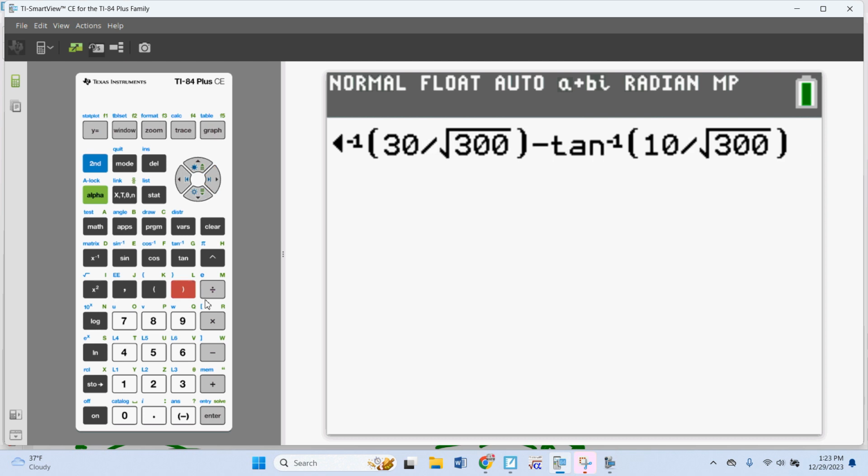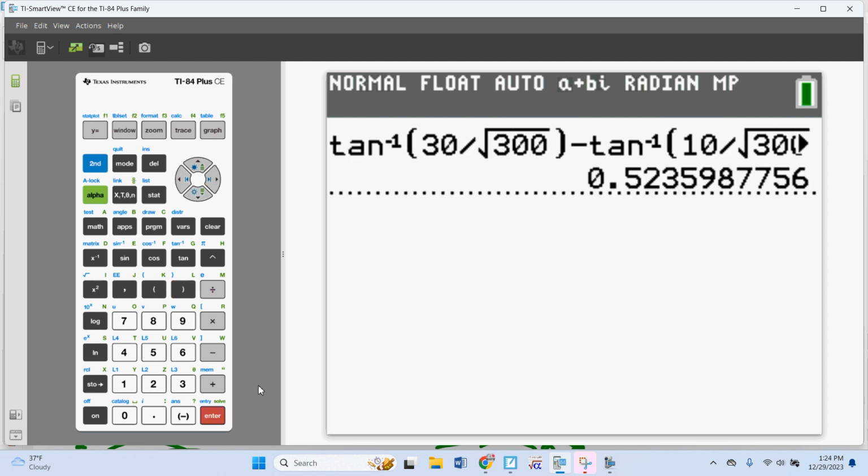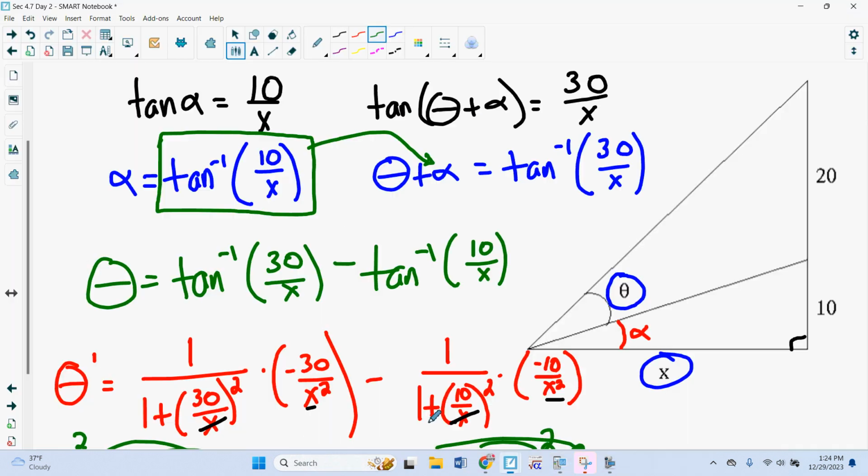This will give us our theta, which is 0.52358. So if we go back to here, this is the formula I used right here with x.